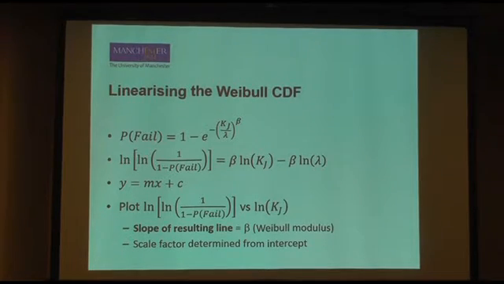When you plot that versus the log of the measured fracture toughness, then you end up with a straight line, hopefully, and you can get the Weibull modulus by looking at the slope of that line.